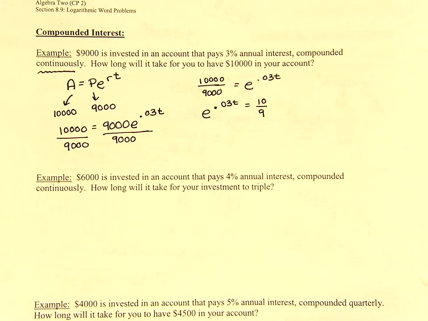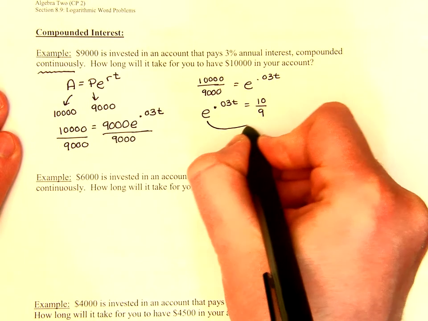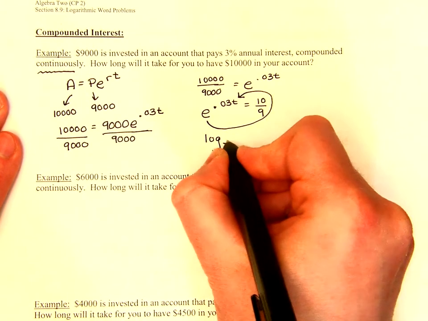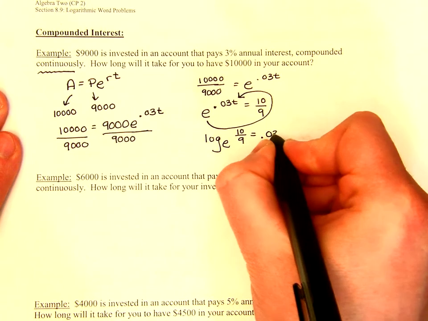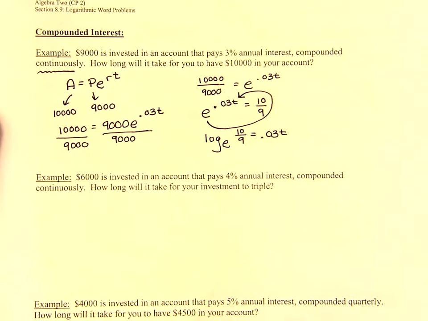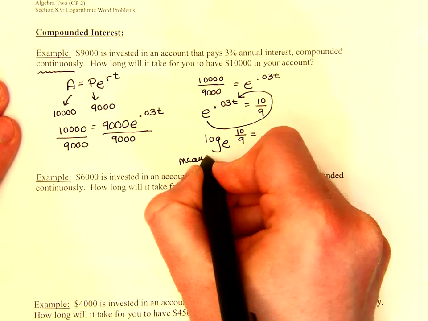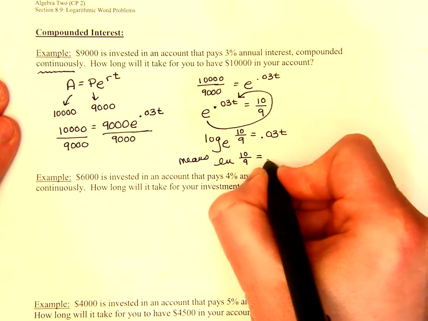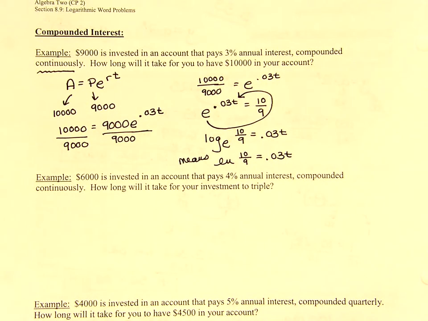Convert this exponential equation into log form. So log base e of 10/9 equals the thing that was in the power. Log base e of 10/9 equals 0.03t. And hopefully you remember from last time that log base e just means the same thing as the natural log of 10/9. Go to your calculator and find the natural log of 10/9.